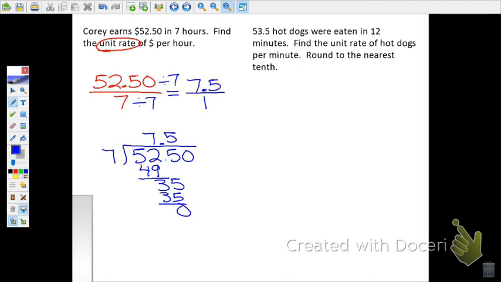So that's the solution I get, but I need to write it as a unit rate of dollars per hour. So my answer is going to be $7.50. And we need to make that answer look like a money amount. So $ and add in that extra 0.